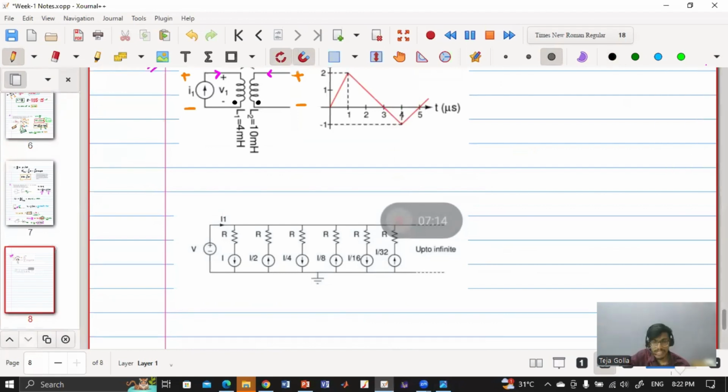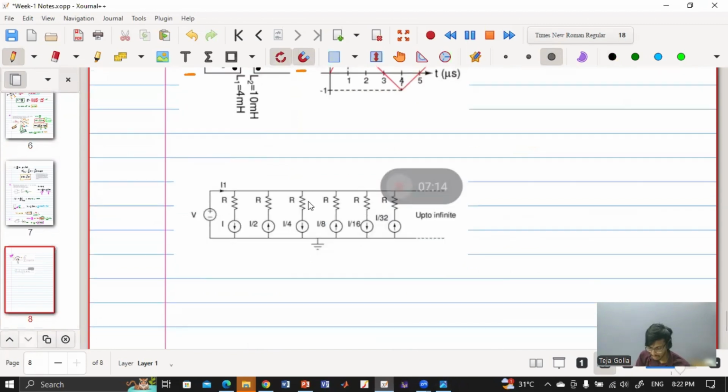So when such an infinite number of things are there, let us first solve with only I by 32 there, only until this point. Say it is not till infinite. So we have I by 32 here, right? I by 32 is entering and I by 16 is going like this.